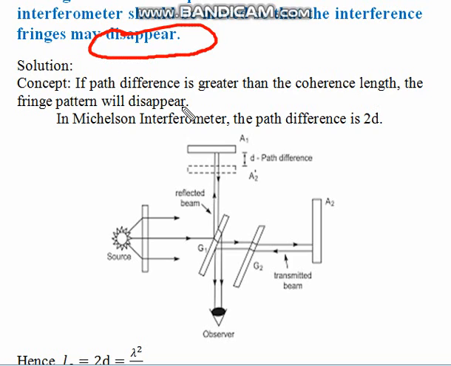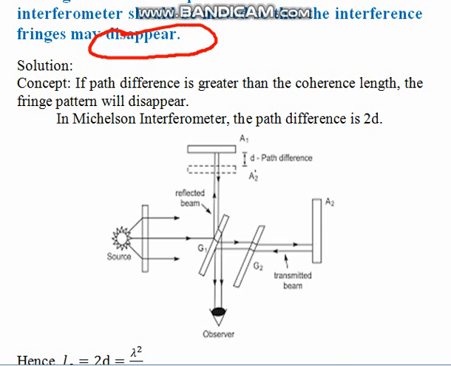Whether it is the Michelson interferometer or Young's double slit experiment, where the path difference delta is calculated as S2P minus S1P, if the path difference is greater than the coherence length of the source, we are unable to observe the interference pattern, because it disappears due to the loss of coherency. In the Michelson interferometer the path difference is 2d.